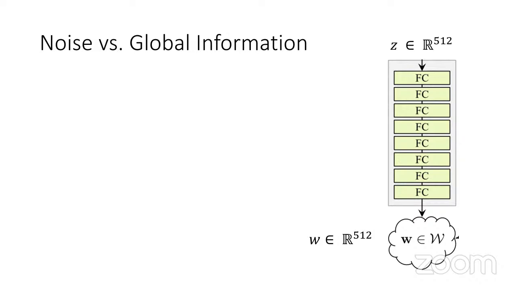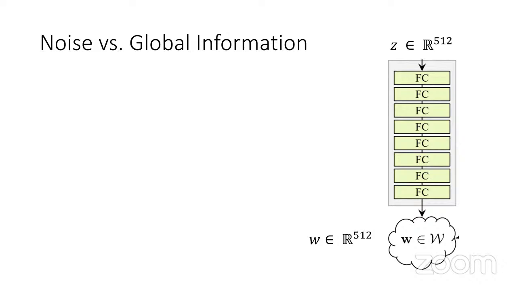But after going through this fairly deep mapping network, we have a W code where the variables have some knowledge about each other. So the idea of such a mapping network is that the W code really tells you all the information you need to know about a single face.